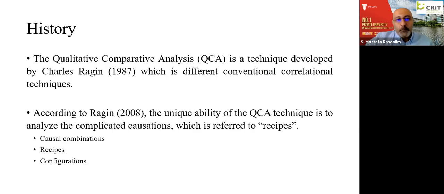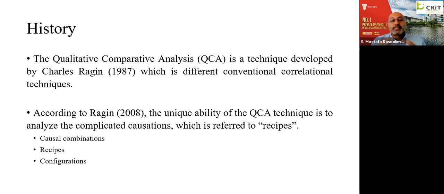So in this method, developed by Ragin in 1987, we try to analyze complicated causation and complicated causal relationships between social phenomena.